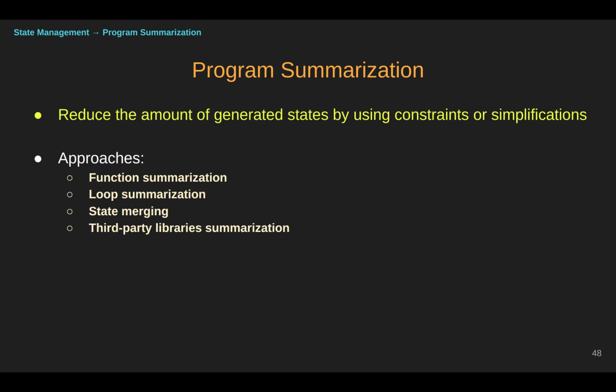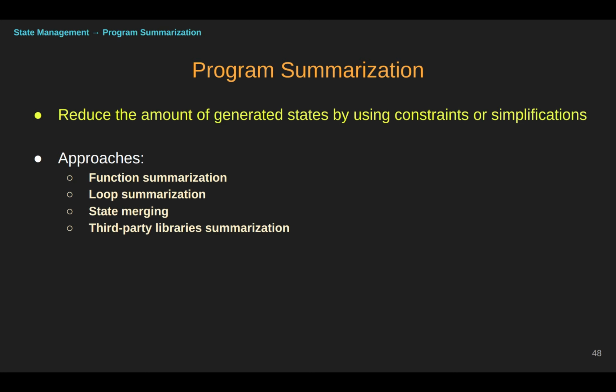So one example you mentioned is function summarization. Other examples are loop summarization. Another thing you might have seen in the assignment is that loops might get you stuck, and symbolic execution engines struggle with loops.